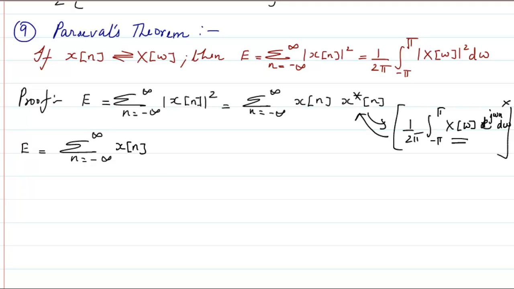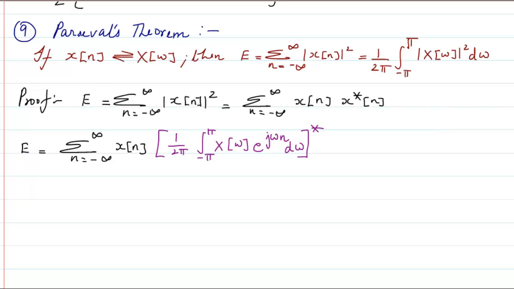Writing that in this part of the equation with a different color: 1 by 2 pi integral minus pi to plus pi x of omega e raised to power j omega n d omega, conjugate. If I bring the conjugate inside, I get the summation n equal to minus infinity to infinity of x of n as such there.